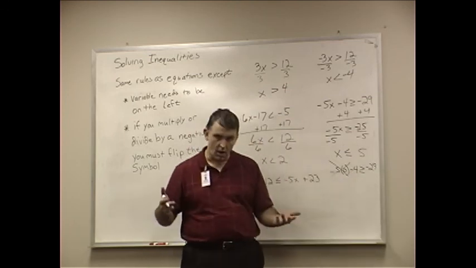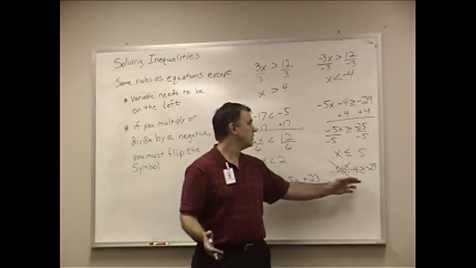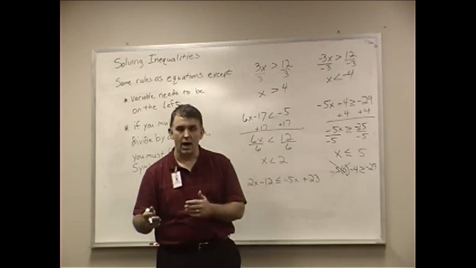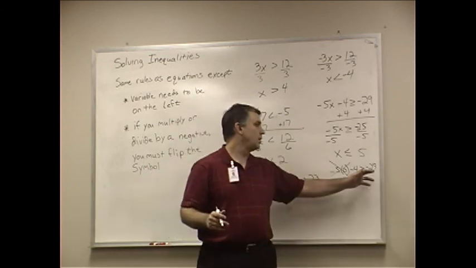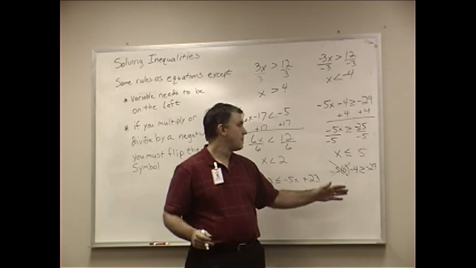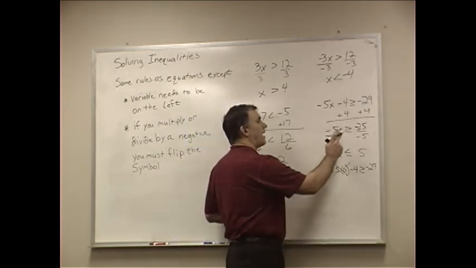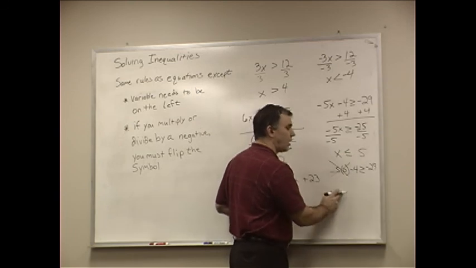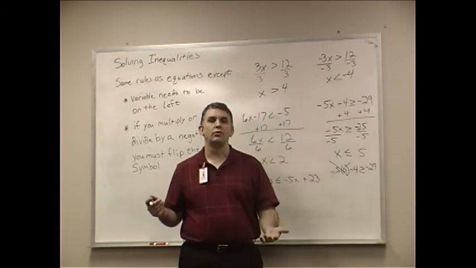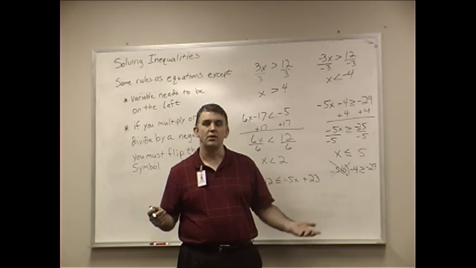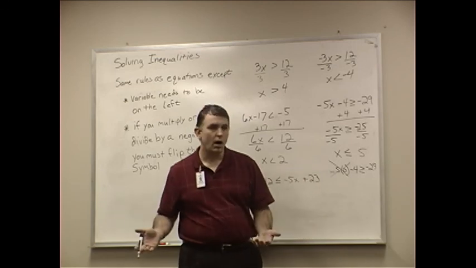Negative 4 is larger than negative 29. You'd rather owe $4 than 29. The negative 29 is smaller. If we don't flip the symbol, if I would have left the symbol as a greater than, I would have had to choose something like 6 or 7 or 10. Choose any number larger.